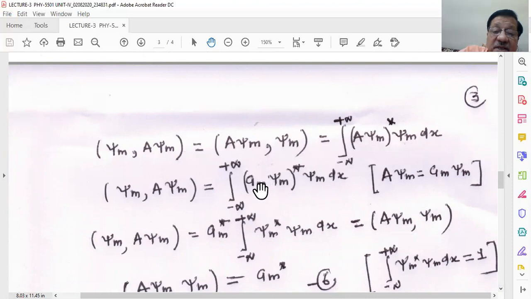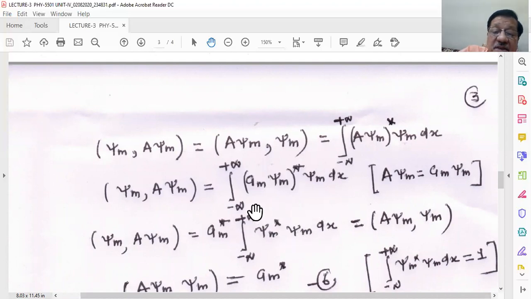So now, taking the complex conjugate of a m psi m, it is a m star psi m star psi m dx. And you see this factor, this is the complex conjugate, this is a m star, and then psi m star psi m dx.